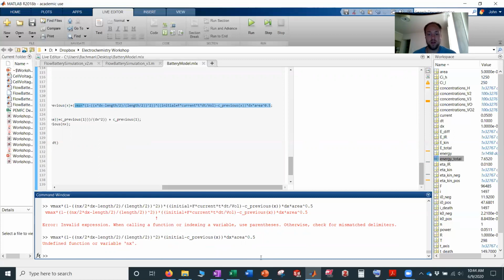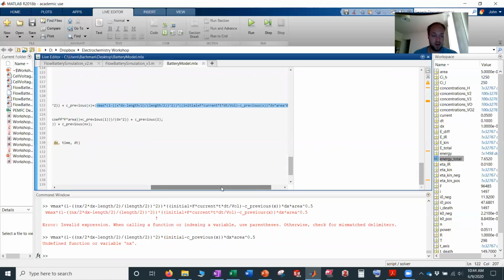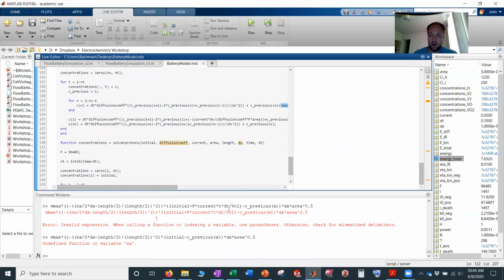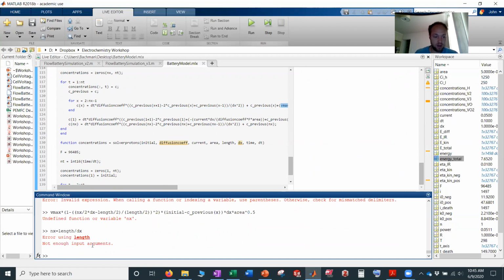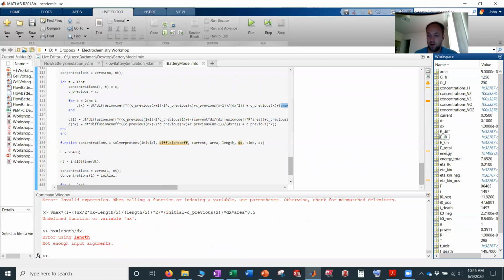We don't know what nx is. nx equals length divided by dx. Oh, we don't have a length variable in here.